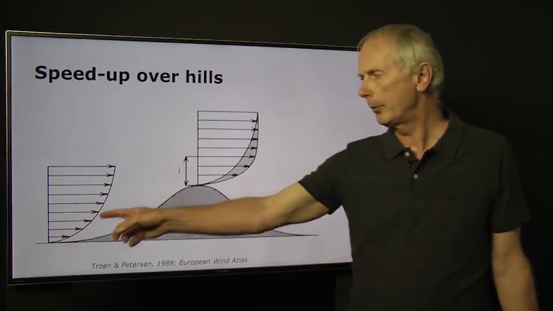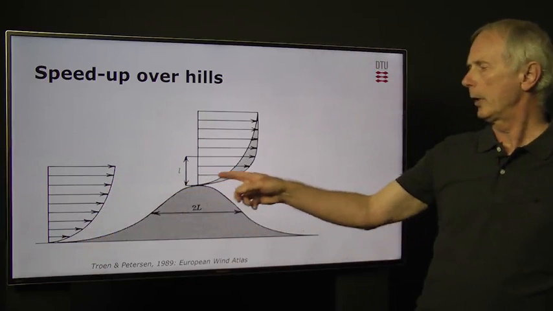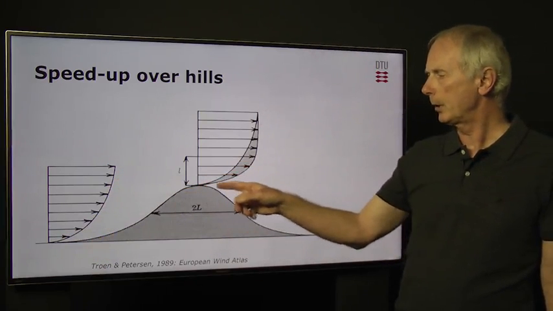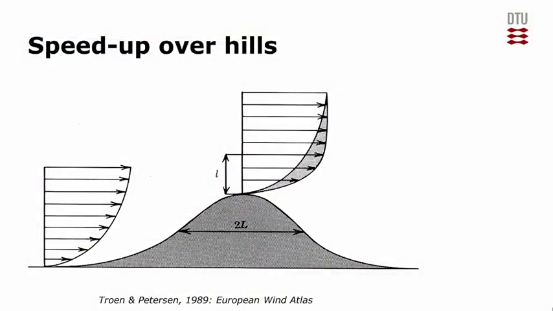You have the wind profile over land, the flat terrain, and you have plotted the same wind profile here, but over the hill you have an overspeeding. The overspeeding can be quite large, but the height L of the maximum overspeeding is connected to the length or the width of the hill.